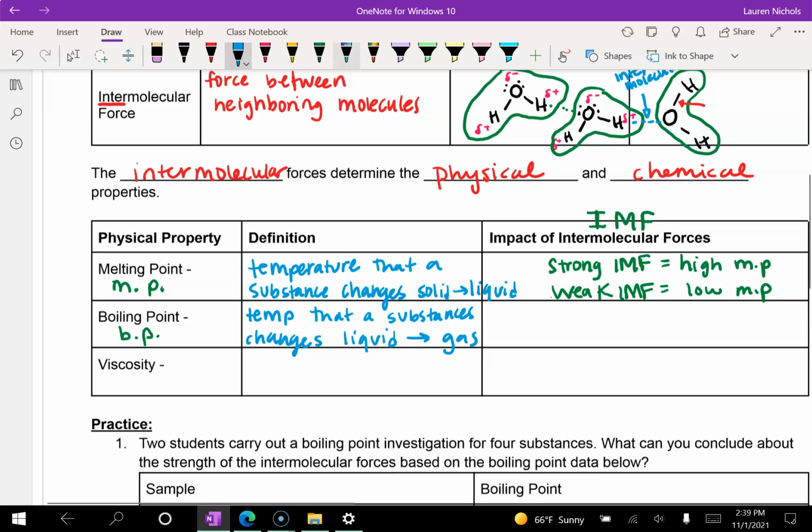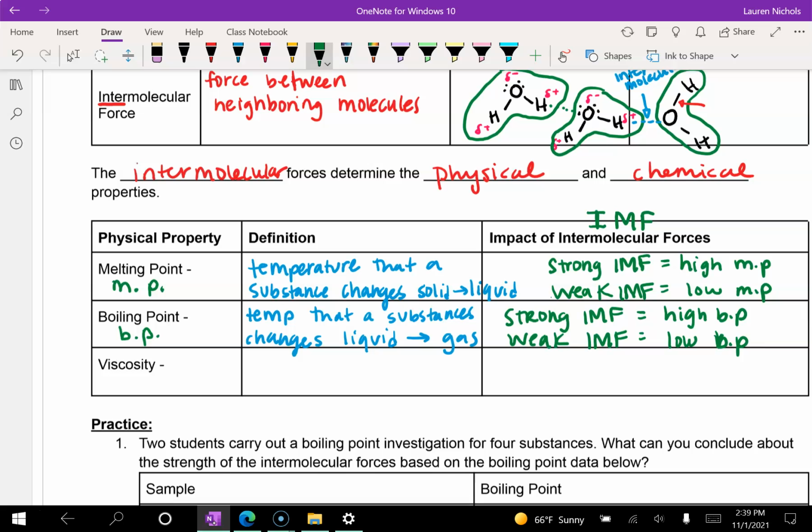Okay, and so again, similarly to melting point, if you have a strong intermolecular force, then you're going to have a high boiling point because again, it takes a lot of energy to change them. And if you have a weak intermolecular force, then you have a low boiling point.